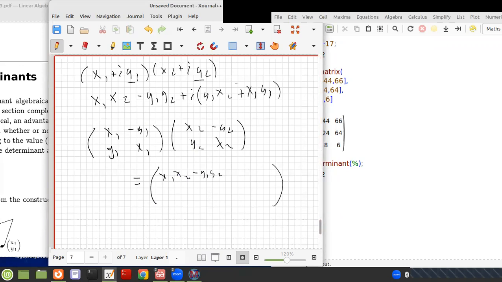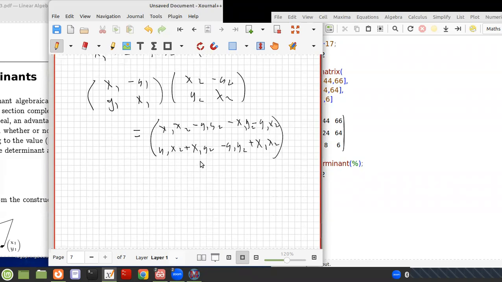Then the first row times the second column will be minus x1 y2 minus y1 x2. Then down here, the second row times the first column will be y1 x2 plus x1 y2, and the second row times the second column will be minus y1 y2 plus x1 x2.